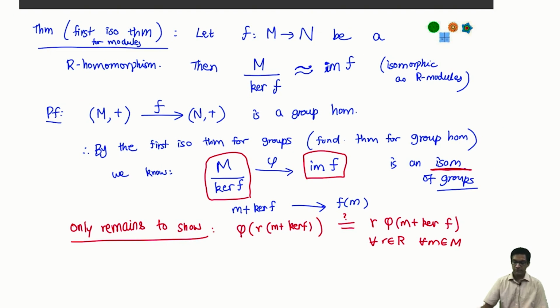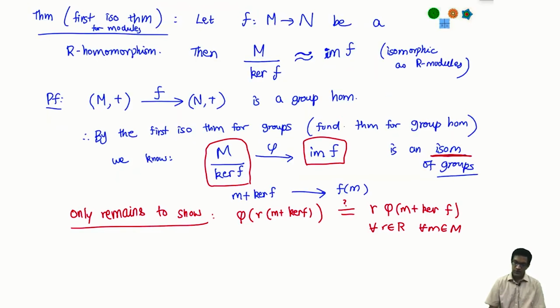So observe the way we have proved this, the strategy here has been to first ignore the fact that M and N are R modules, think of them only as abelian groups, only think of f as an abelian group homomorphism, and then appeal to the group theory statement for the first isomorphism theorem. But then finally, after we've shown it's an isomorphism at the level of groups, we go back and see whether we can also incorporate this additional scalar multiplication into the picture.